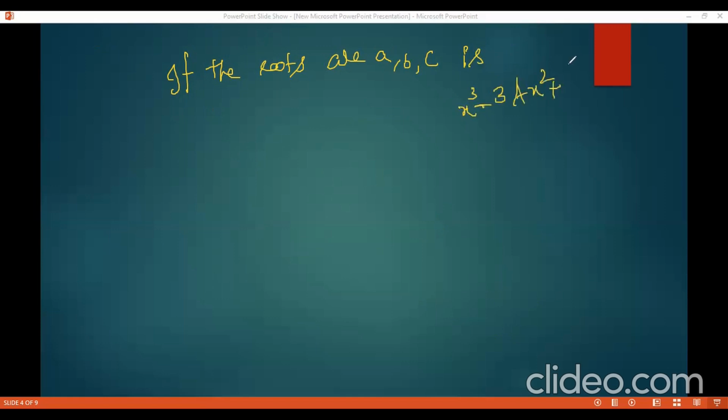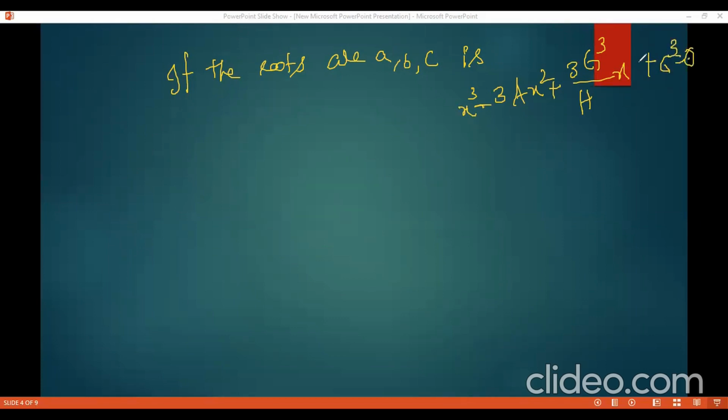If the roots are A, B, C, then the equation is x cube minus 3ax square plus 3g cube by h into x plus g cube is equal to 0.